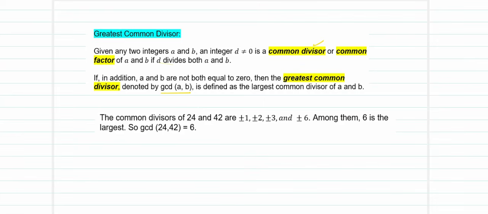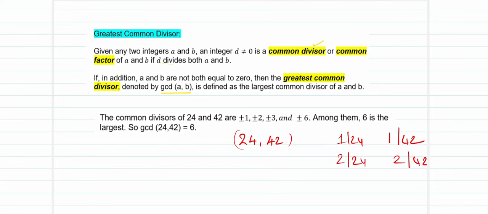Say, for example, we have the elements 24 and 42. Now, I know that 24 and 42 are both divisible by the number 1, because 1 divides 24 as well as 42. The number 2, as 2 divides 24 and 2 divides 42. Number 3, 3 divides 24 and 3 divides 42.